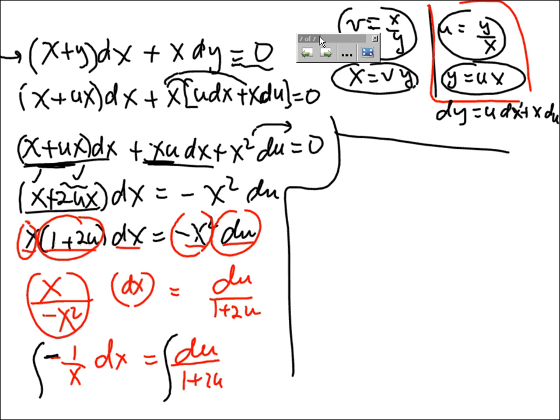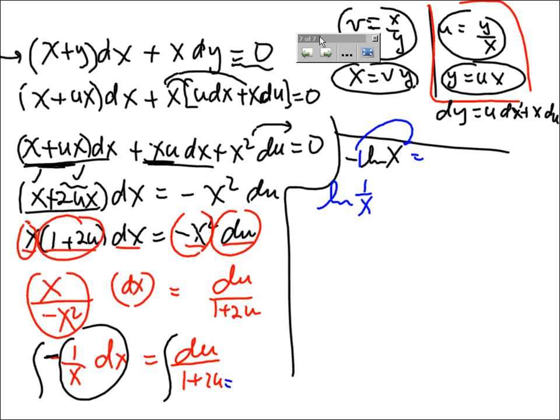This minus sign you can think of coming out in front. The integral of 1 over x dx is just ln of x. But this minus is really a minus 1, and when you put it up as the power, you get x to the negative 1, which is 1 over x, equals.